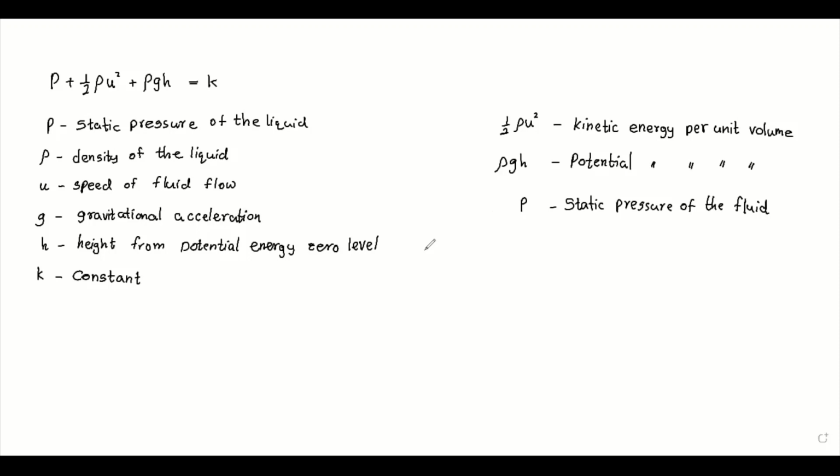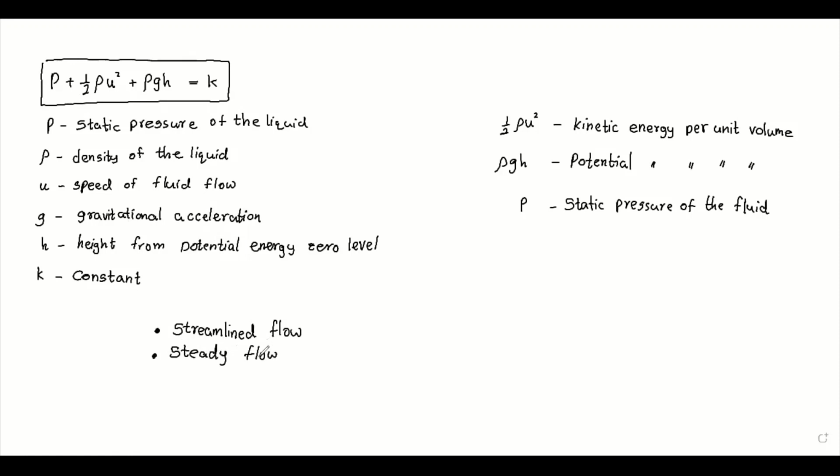And they also want us to write the conditions of validity for this equation, Bernoulli's equation. So under what conditions is it valid? So for this to be valid, the flow must be a streamlined flow, and also has to be a steady flow. A steady streamlined flow.